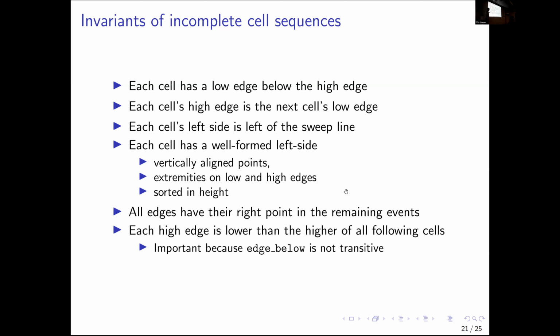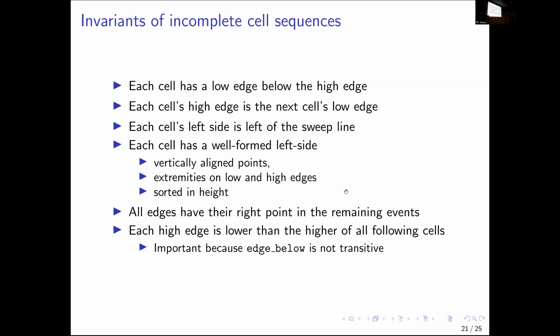One thing that I said was a pain in the neck was the fact that I initially tried to work with the idea that my edges were sorted for the order of comparison between edges. But because this order of comparison between edges is not transitive, this is not a piece of information that you can use really well.